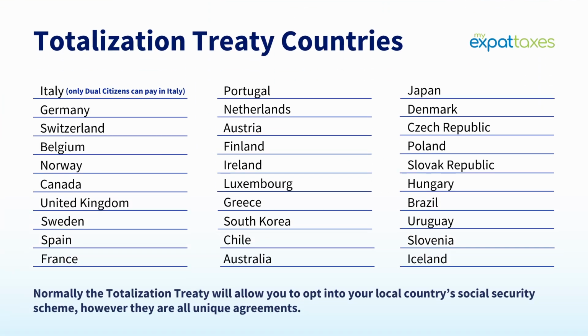Like I mentioned earlier, Italy is kind of different. I don't know why. If you're a dual citizen, Italian and US, you can choose to pay in Italy. If you're a US citizen and you're self-employed in Italy, you're still paying self-employment tax to the US, but not to Italy. And this can be really confusing because your local Italian tax consultant may not know that.